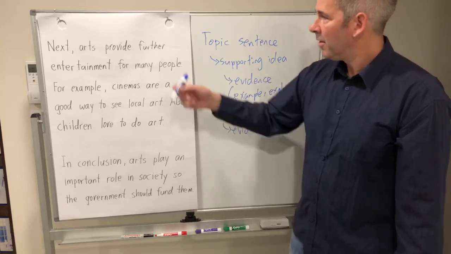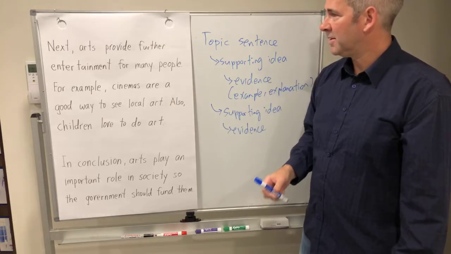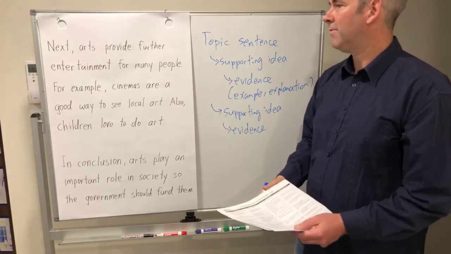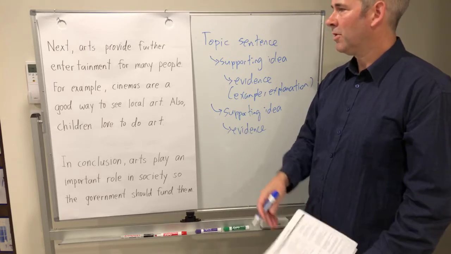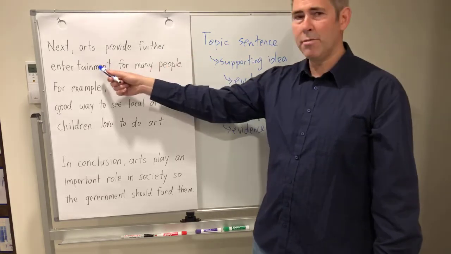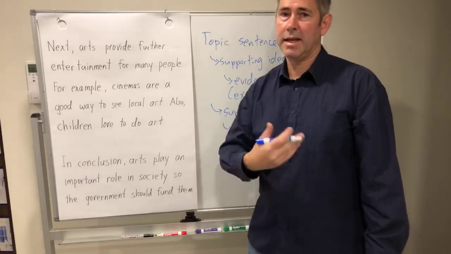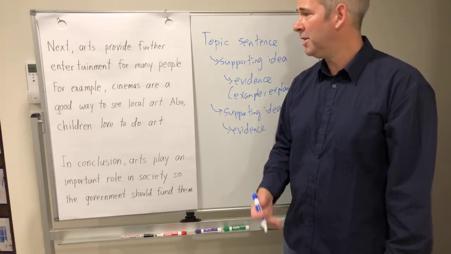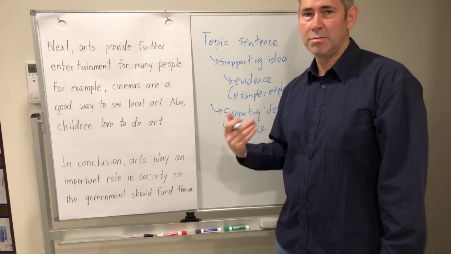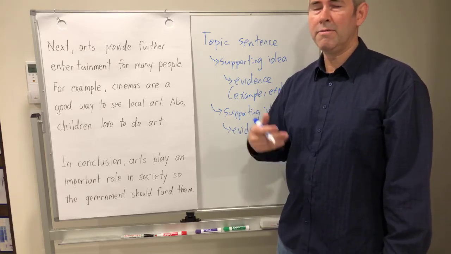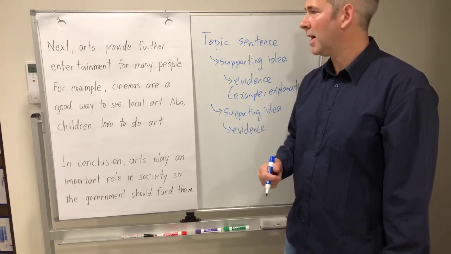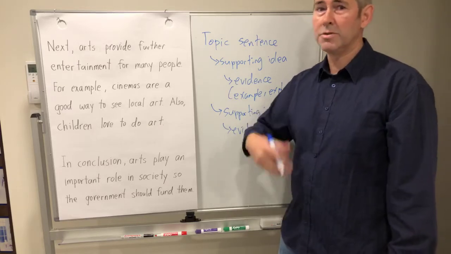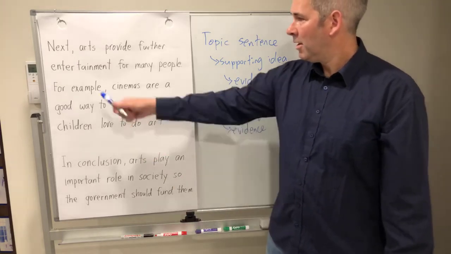So anyway, here the topic sentence is, next, arts provide further entertainment for many people. So I think the main point made here is that arts entertain the people. So definitely, in my opinion, a very valid supporting idea, or a very valid point to make to support the argument that the government should spend more money on the arts.